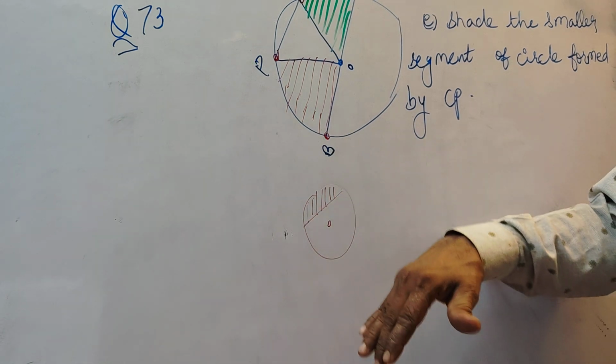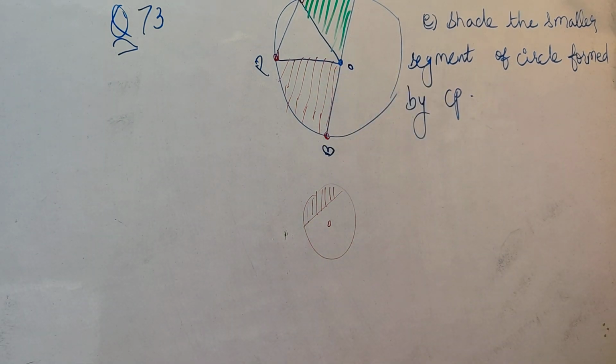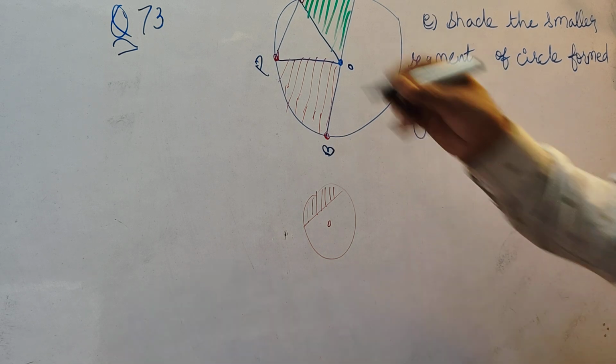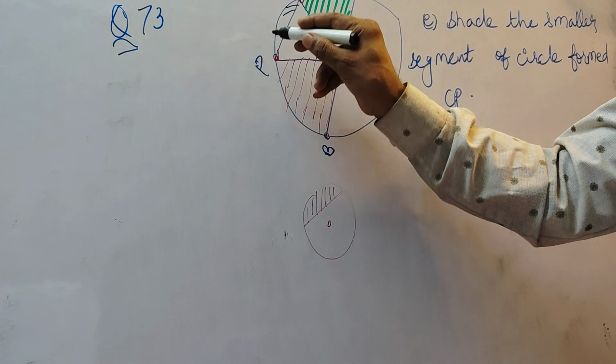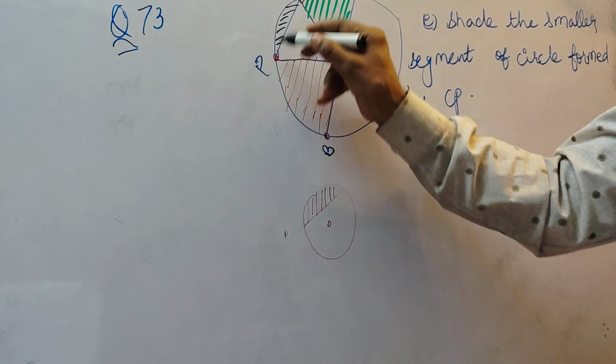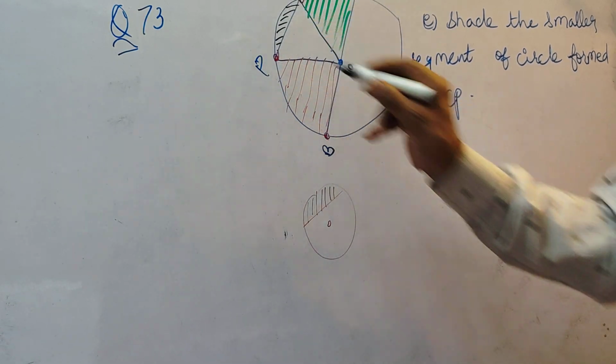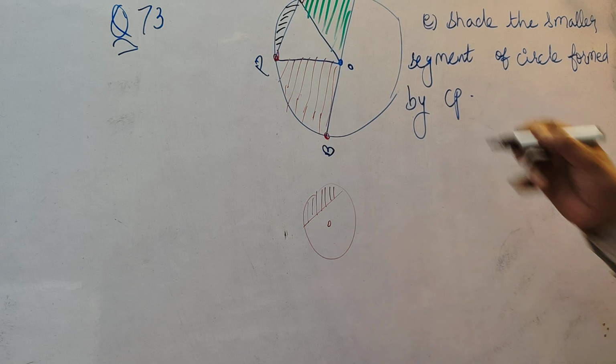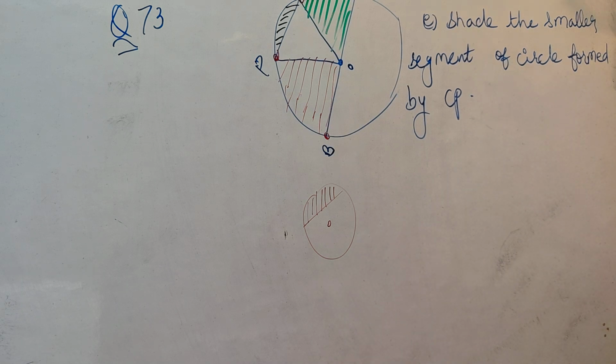One is the larger segment and the other is the smaller segment. Chord CP makes this one the smaller segment. So the black color is the smaller segment shaded.